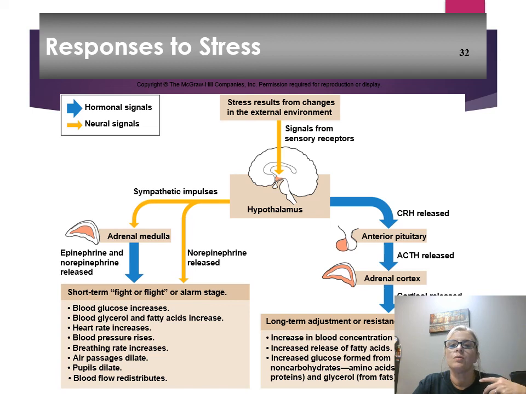Your blood pressure goes up, and we'll look in Anatomy 2 in a little bit more detail at that fight or flight response. The hypothalamus also stimulates the adrenal cortex to release cortisol, which then promotes a longer-term response that resists the effects of that stress.